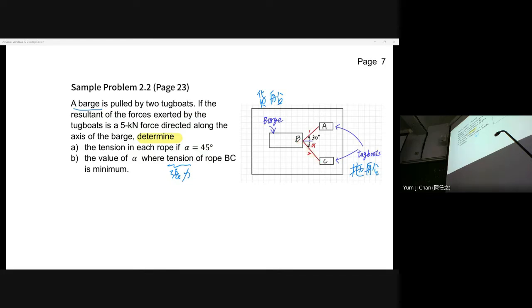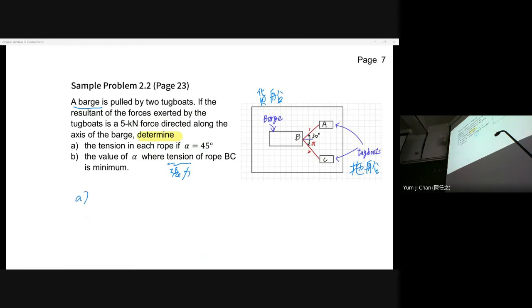Now we go on with doing the calculations. So we go on with part A. What do we need to know in part A? The tension in each rope. We have two ropes: rope AB and rope BC.